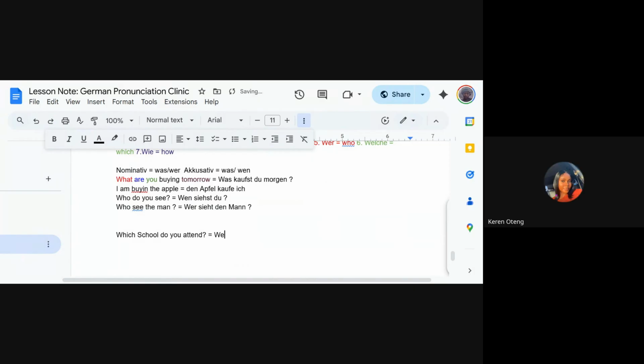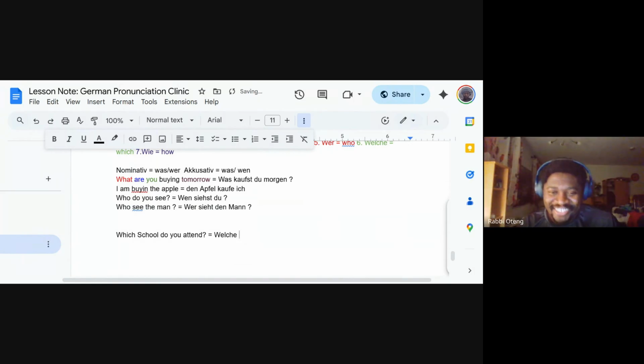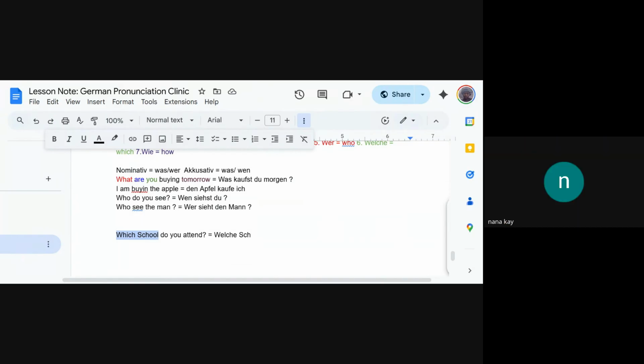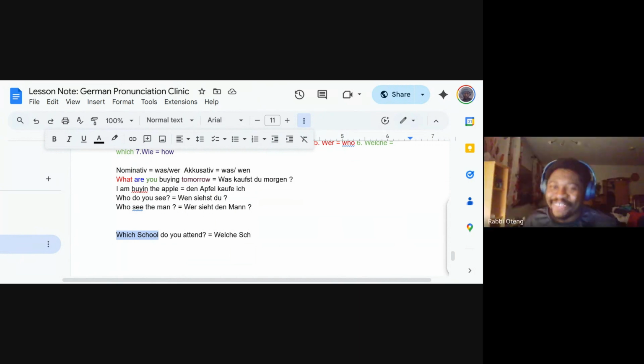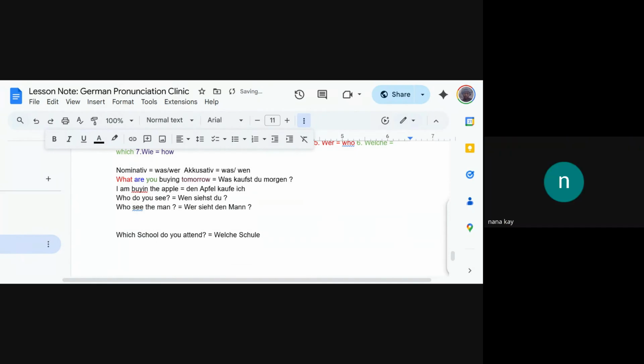The Schule is feminine, so it will be welche Schule, because the which in this case is attached to a feminine noun. The feminine in accusative remains welche. So welche Schule.